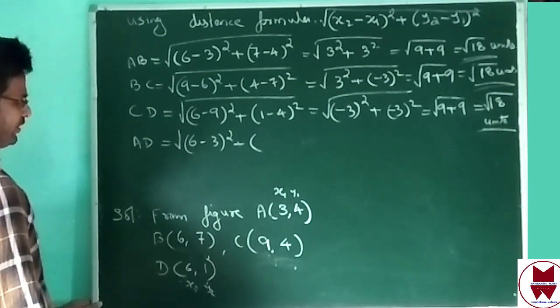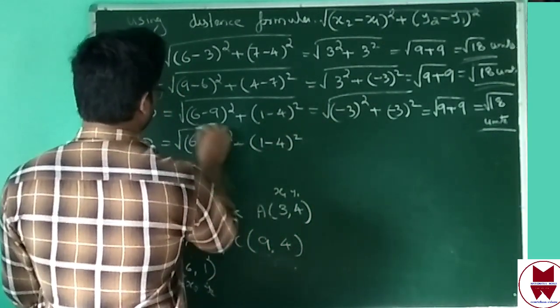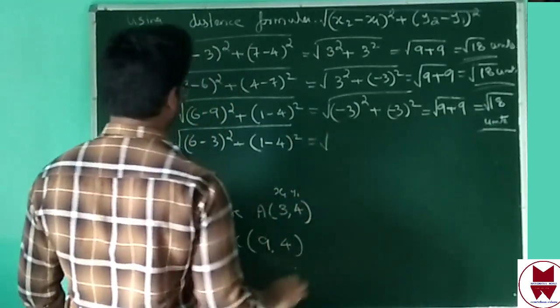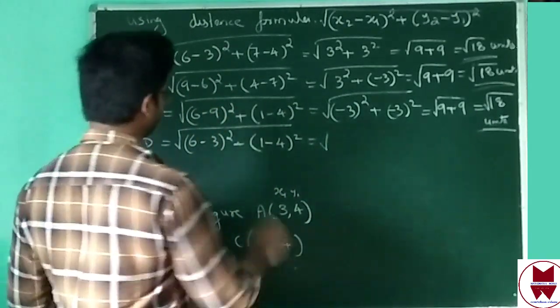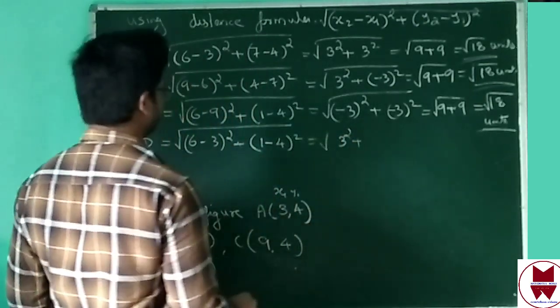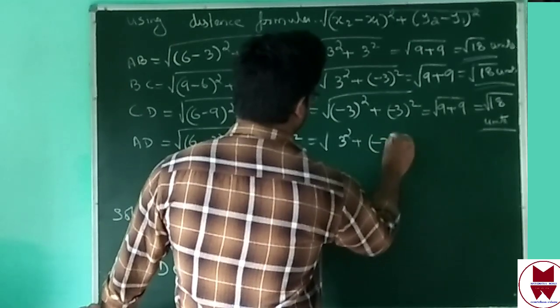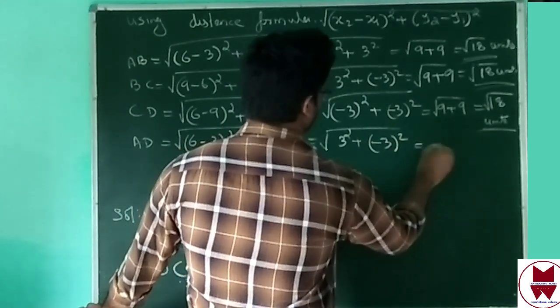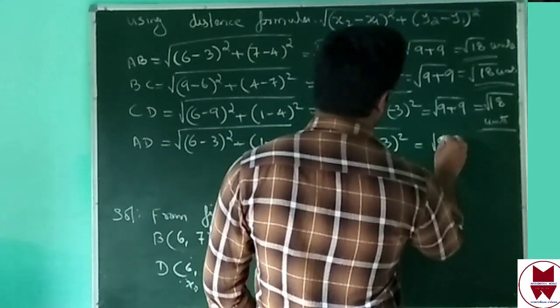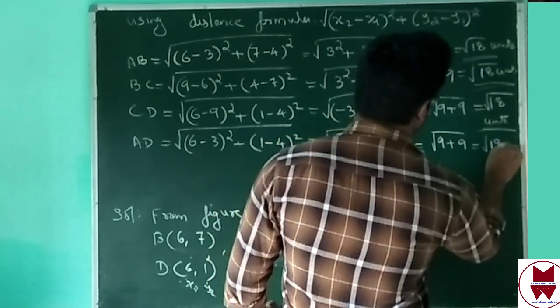Then y2 minus y1, 1 minus 4. Square root of 6 minus 3, that will be 3 square, plus 1 minus 4 is minus 3 whole square. You will get square root of 9 plus 9, root 18.